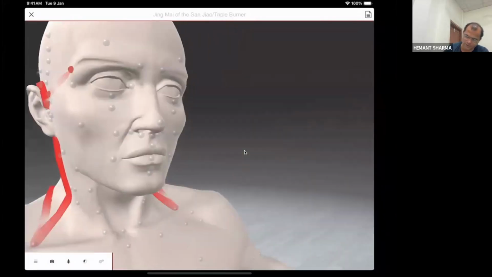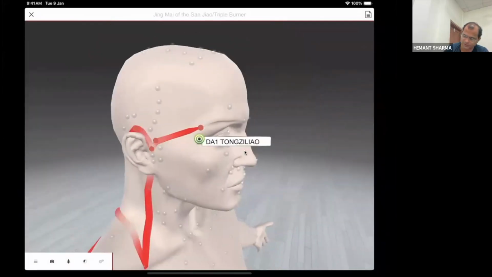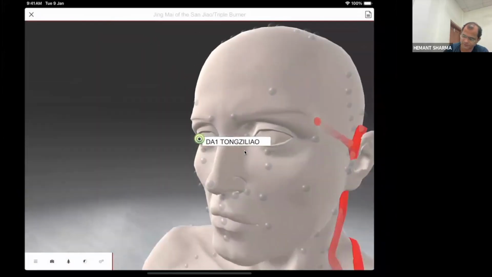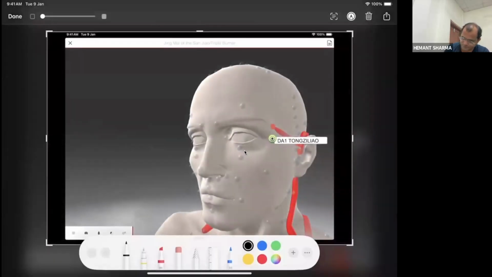Now if we look down, that is gallbladder 1. We can see here, ये हमारा gallbladder 1 point है. This is at the corner of the eye. This is the eye, at the corner of the eye, 1 point. This is the eyebrow, at the corner of the eyebrow, 1 point. So the upper point is triple warmer and the lower point is gallbladder as per TCM.